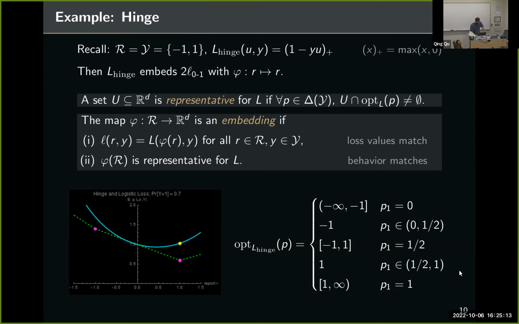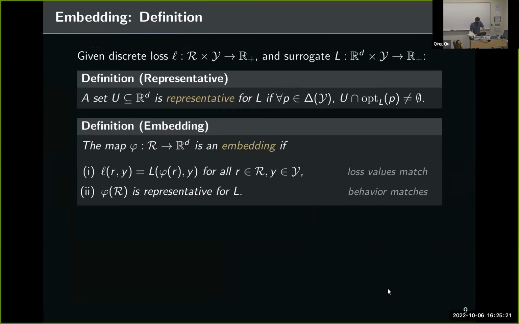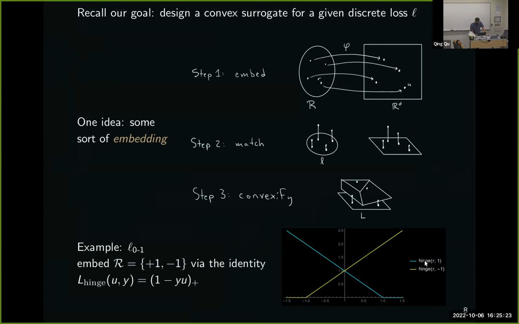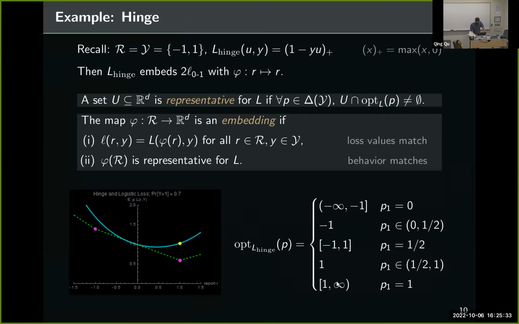I've worked out the optimal sets for hinge loss on the right here. For example, if the probability of outcome 1 is 1, then you get exactly this line, where the optimal set is 1 all the way to infinity. You can check that there's always either 1 or -1 or both in these sets. So it's representative.